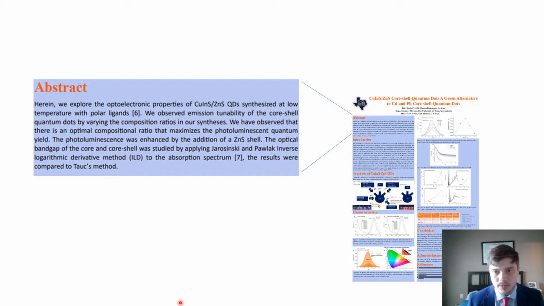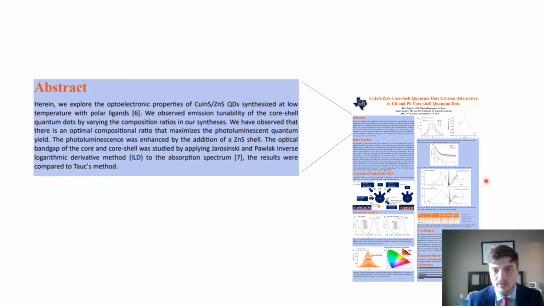For a quick overview of the poster, we'll begin by discussing how we synthesize these particles. I'll be discussing a composition experiment that we performed on the core where we changed the copper to indium ratios. I'll also discuss how the zinc shell affects the photoluminescence of our particles. We will be talking about the lifetime decay of the core versus the core shell.